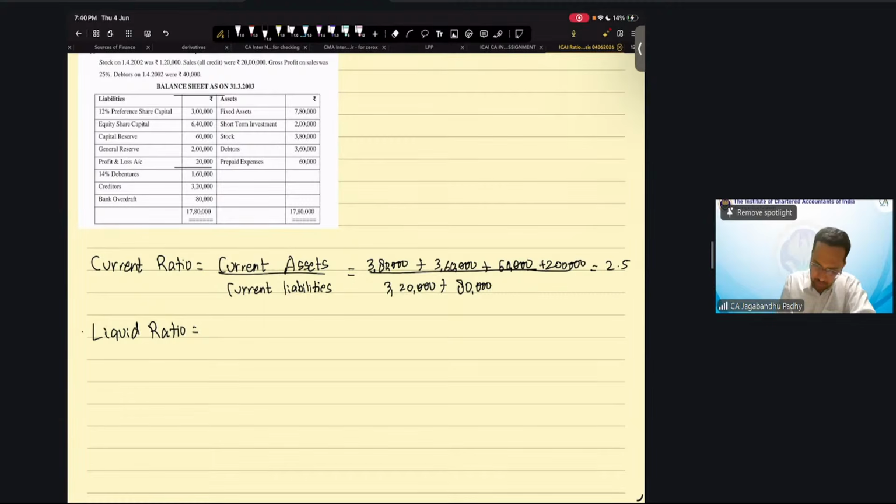So liquid ratio is liquid assets upon current liabilities.